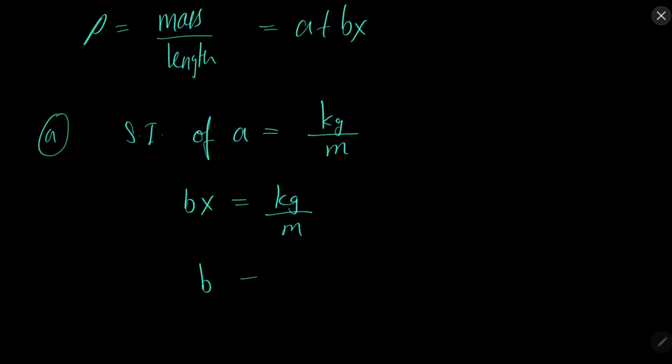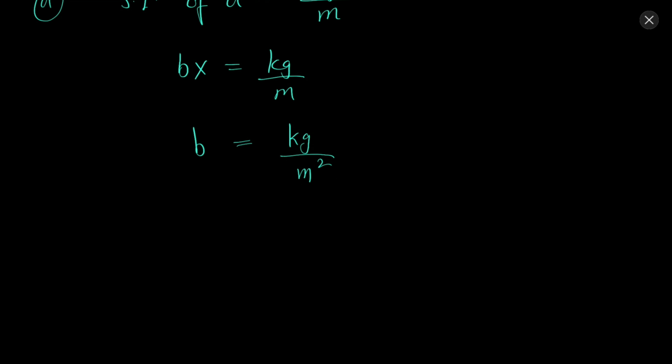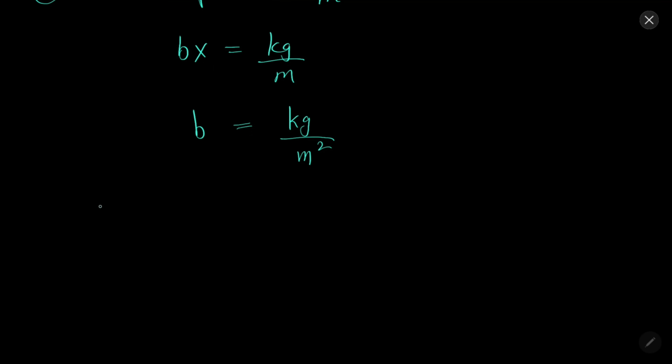So for b it will be kilogram per meter square. Only after that you will get this thing. You can also imagine x going down, so it will have unit of meter because it is length. So these are the units.